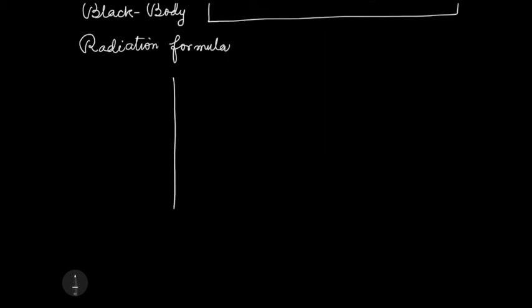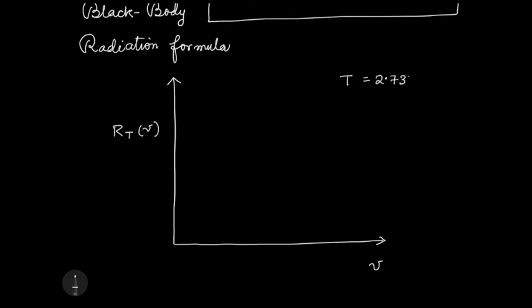You may have heard of something called the Big Bang theory of the universe. In that, it is expected that the entire universe will behave like a black body which has a present temperature of 2.732 Kelvin.